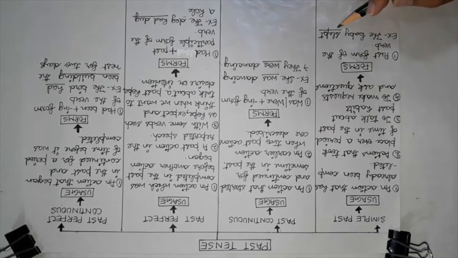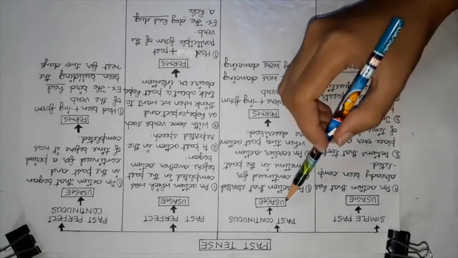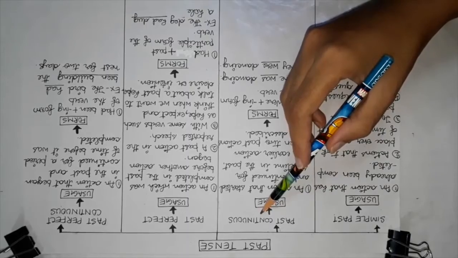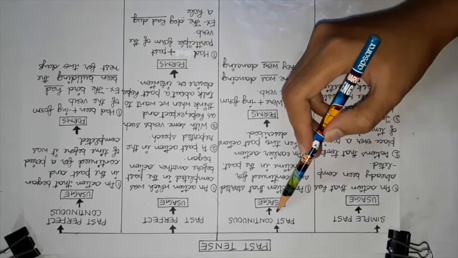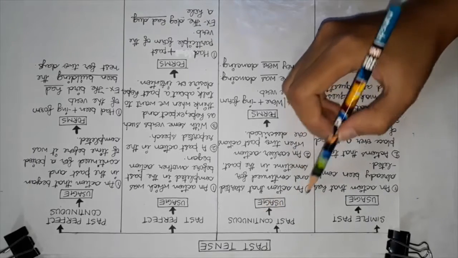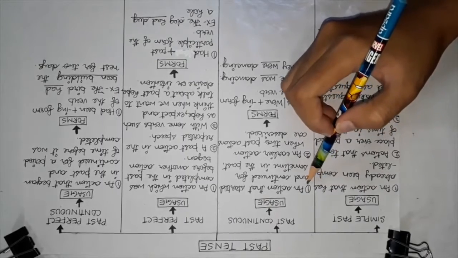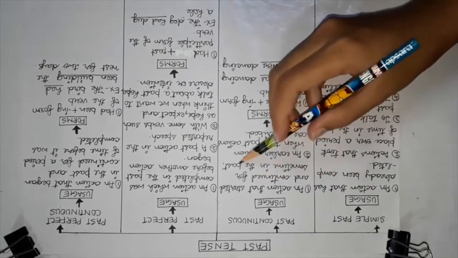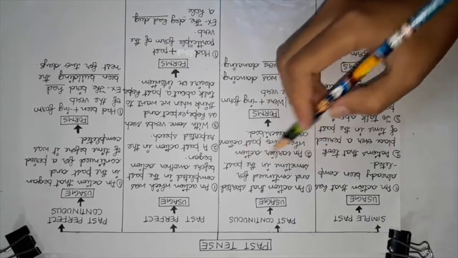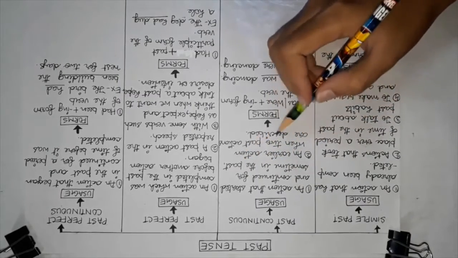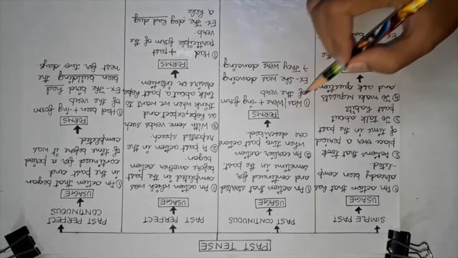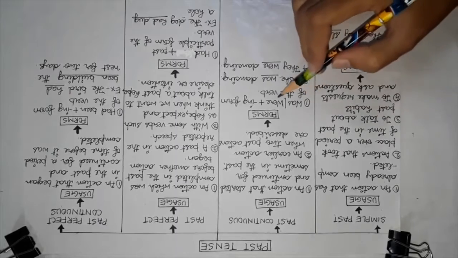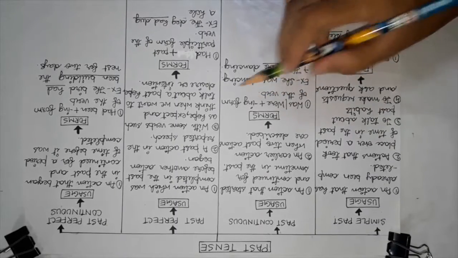Then we have the second form of past tense, and that is past continuous tense. The past continuous tense is used for an action that was continuing for some time in the past. The usage for past continuous tense is for an action that started and continued for some time in the past, or an earlier action when two past actions are described, and it takes the form was or were plus ing form of the verb.